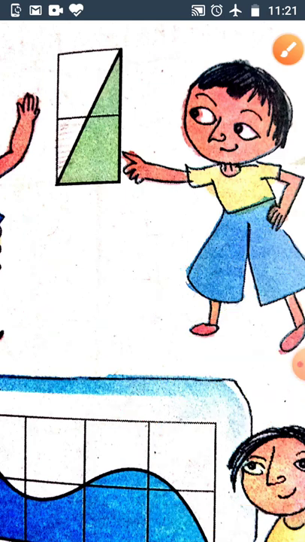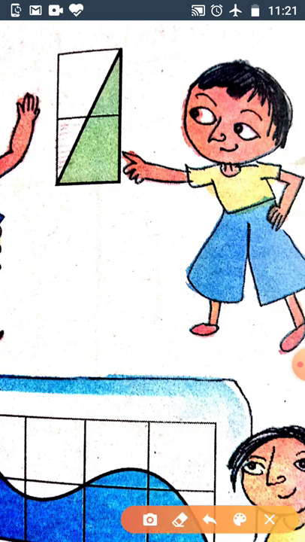We can solve it by another method also. Here, if you just observe this, you will find this portion of the triangle is an extra portion and it goes into the second square. So you remove this portion of the triangle and fit it here in this vacant place.